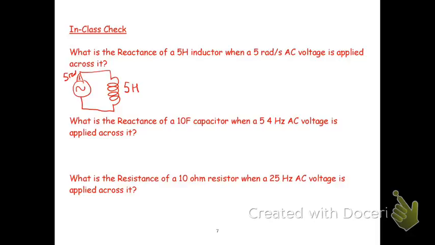What do I call that in my equations? What letter do I use for something that's 5 radians per second? Is it a V? Is it an I? What is it? Omega. Yeah, omega.